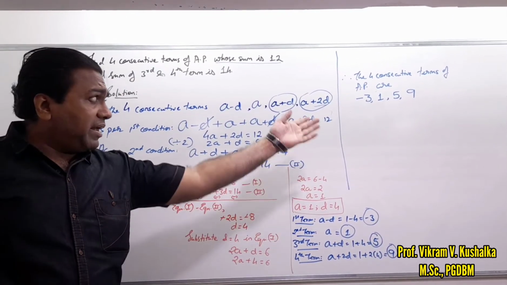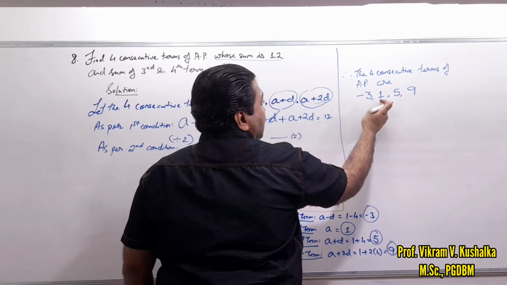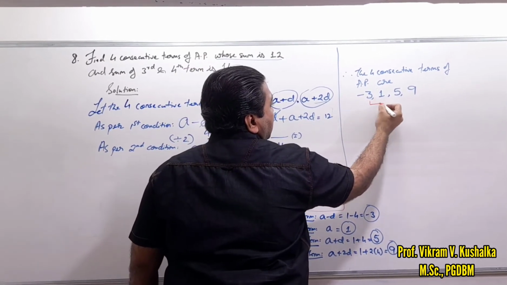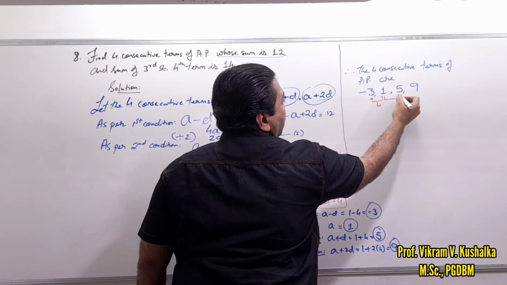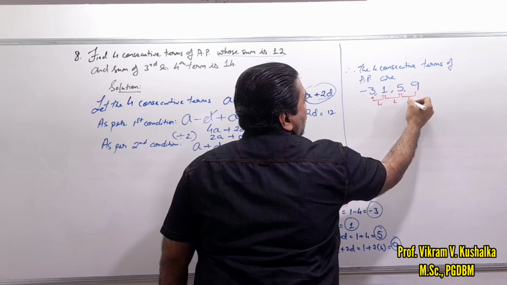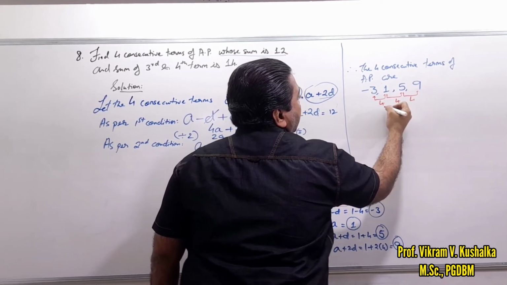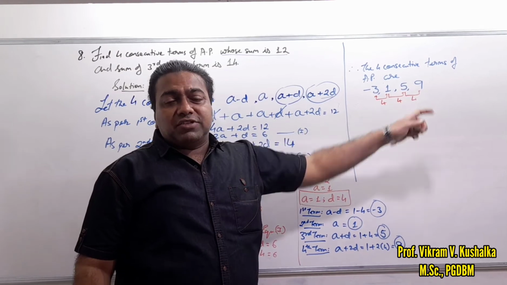Right? Let us check and verify whether these are the 4 consecutive terms or not. How do we check it? Find the difference between minus 3 and 1. The difference between minus 3 and 1 is nothing but 4. The difference between 1 and 5 is also 4. The difference between 5 and 9 is also 4. Right? So that clearly shows my difference is 4 and I've got the 4 consecutive terms of AP.